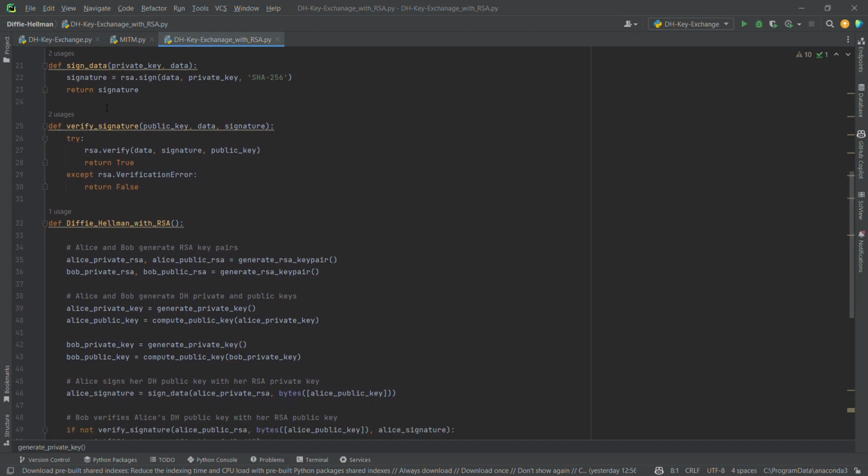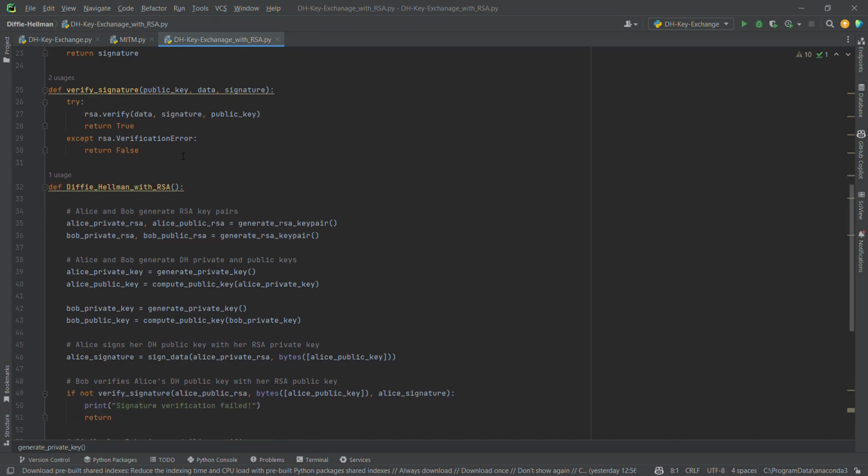And as a recipient, you want to use the owner's public key, the data that you got, and the signature you also got to verify the authenticity of the data.